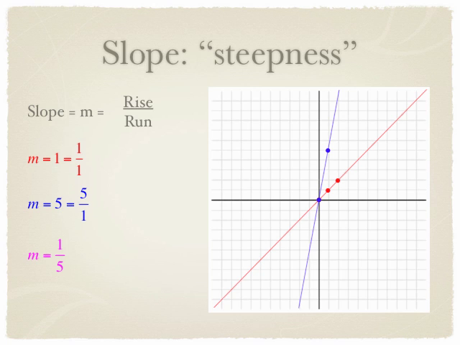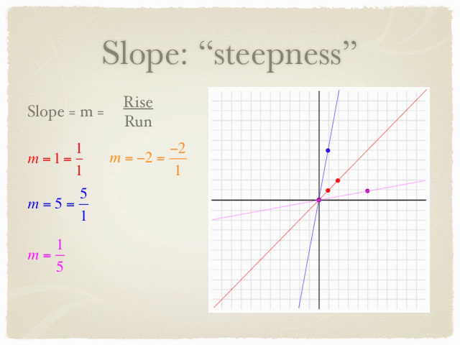Let's look at 1/5. Start at the origin, I go up 1 over 5. Now that guy's kind of shallow. So 1 is kind of the midpoint. Steep slopes are bigger than 1 and shallow slopes are less than 1. I just want you to be able to visualize this so that if you graph something, you know if it looks right, or if you've made a mistake. You can kind of tell if it looks like it's the right answer.